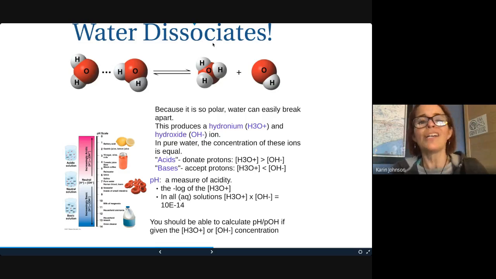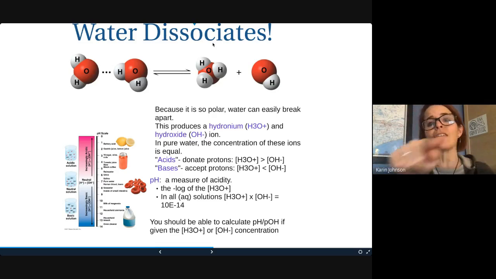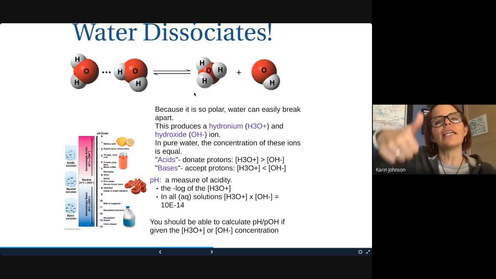Those are like 3 terms that they use sort of synonymously. They're not exactly the same, but what I said was that an acid donates hydrogen ions. That is the same as saying an acid donates protons. And when those protons get donated, the number of hydronium ions increases.